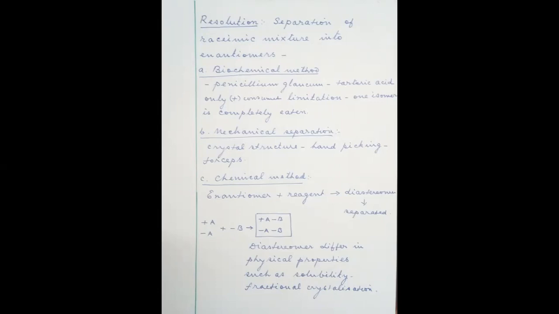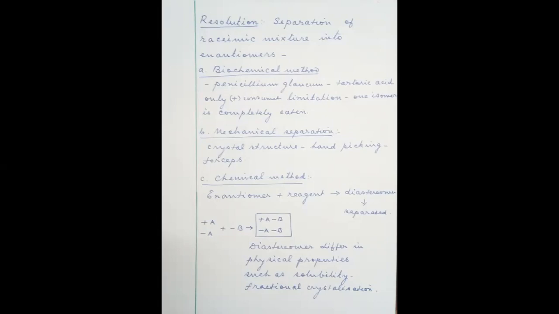The first method is the biochemical method. In the biochemical method, microbes or bacteria will preferentially eat only one particular enantiomer, but the other enantiomer is left free. Say for example, if I have plus tartaric acid and minus tartaric acid, and I put in Penicillium glaucum, a microbe, it will eat only plus tartaric acid.